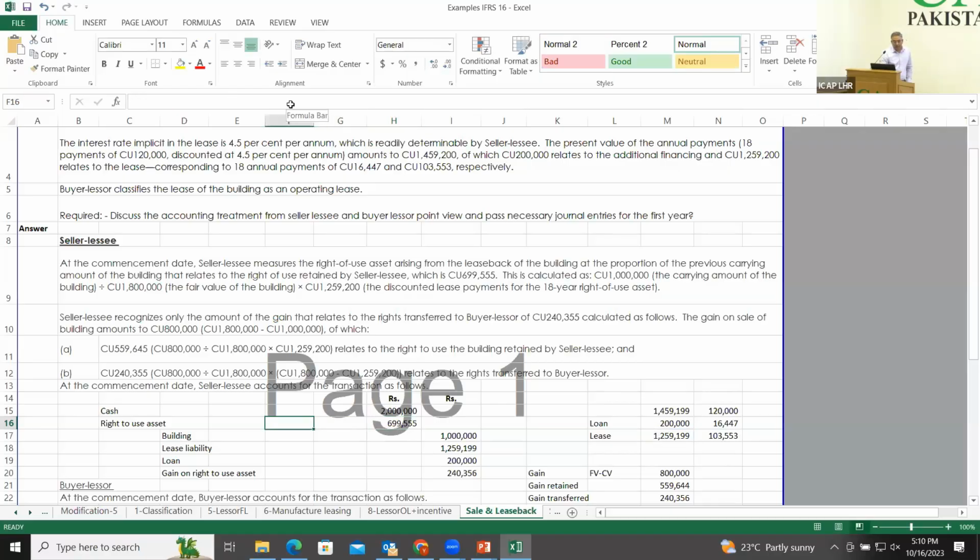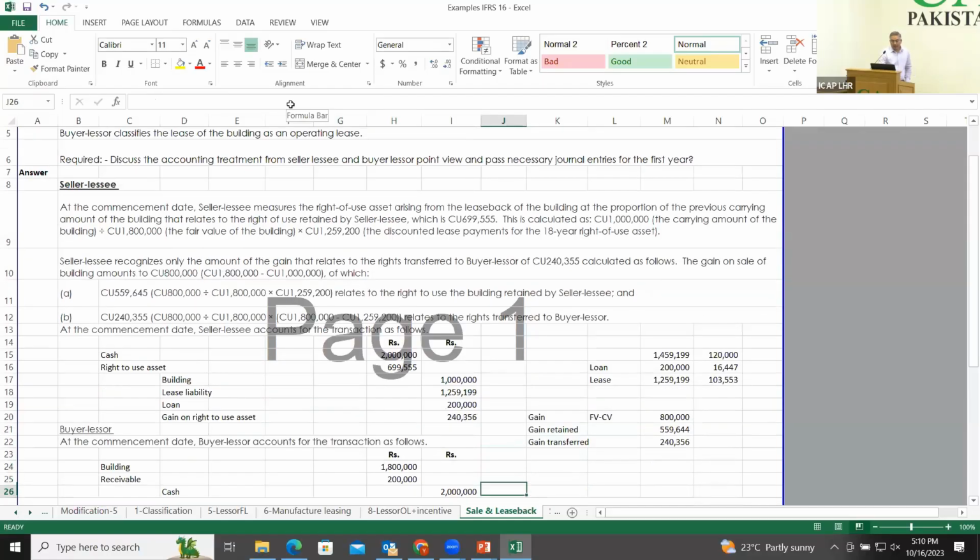And then you will derecognize the asset, building, 1 million. You will book the lease liability of 1.259 million, and you will recognize the loan of 200,000 and then the gain on right of use. How is that calculated? Here is the total gain, 800,000, which is 1.8 million minus 1 million. For the gain retained, you have the formula.